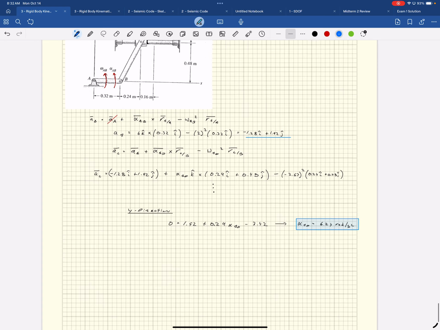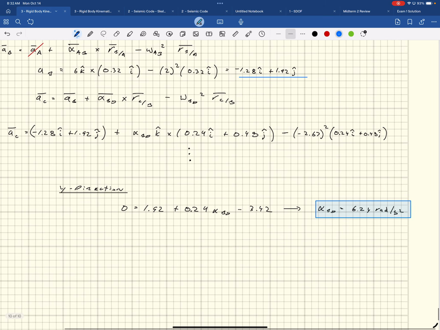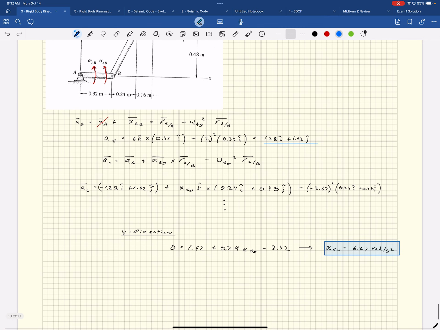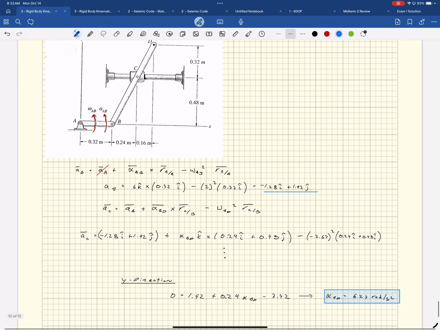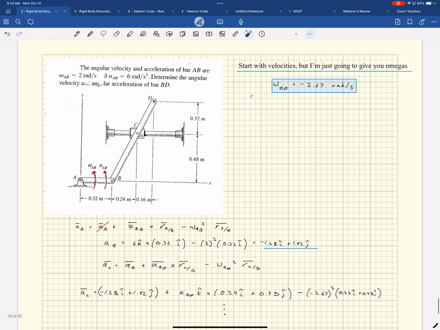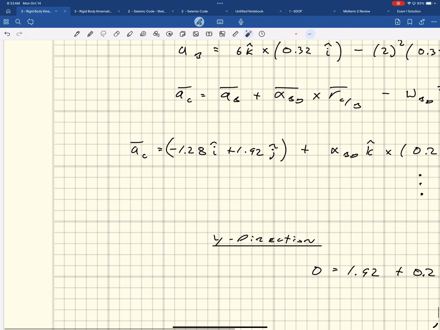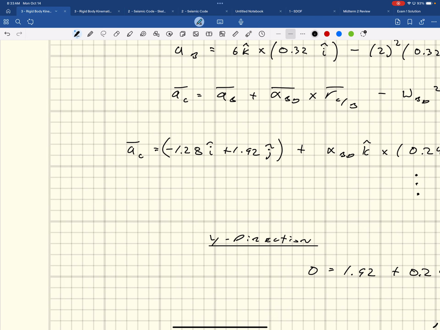Like I said, these appear to be scary at first, but they're not bad. Tedious, if you will. So that's our alpha_BD. Now, if I asked what is the velocity and acceleration at point D, you could do it. Let me skip a part here. I applied the constraint, but I didn't write it down.